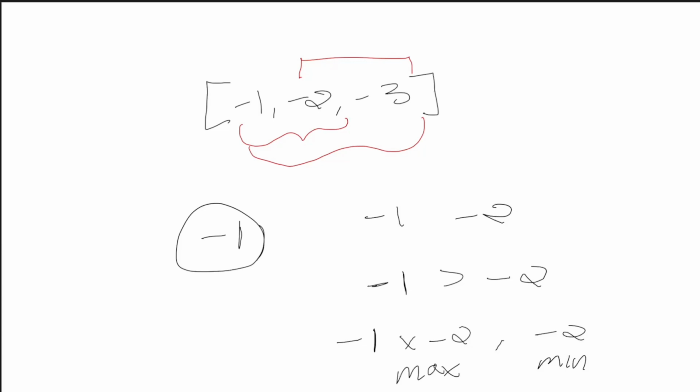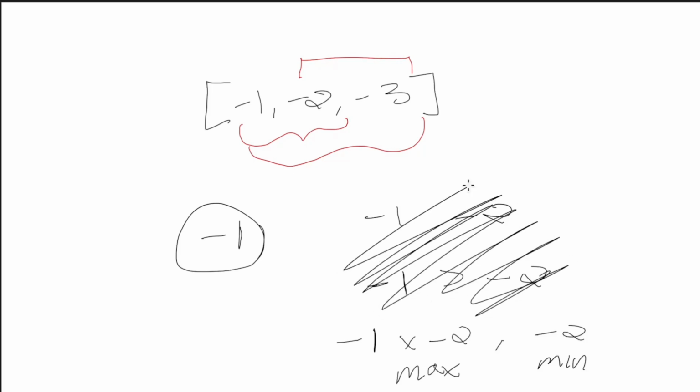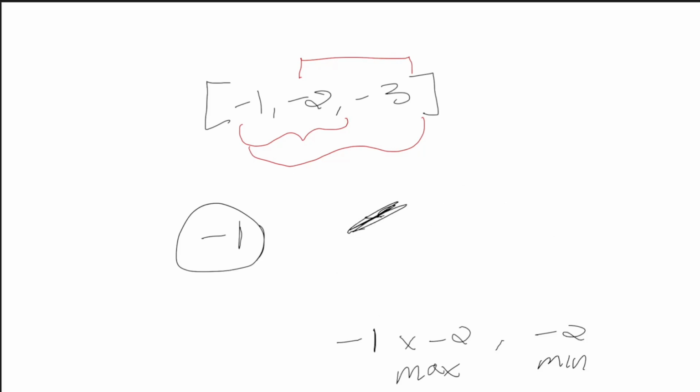And this is useful because it takes into account the negative sign, right? So it's easier with an example. Let me just show you. So now that we have this computed, let's now consider -3. Let's consider both our max and our min.